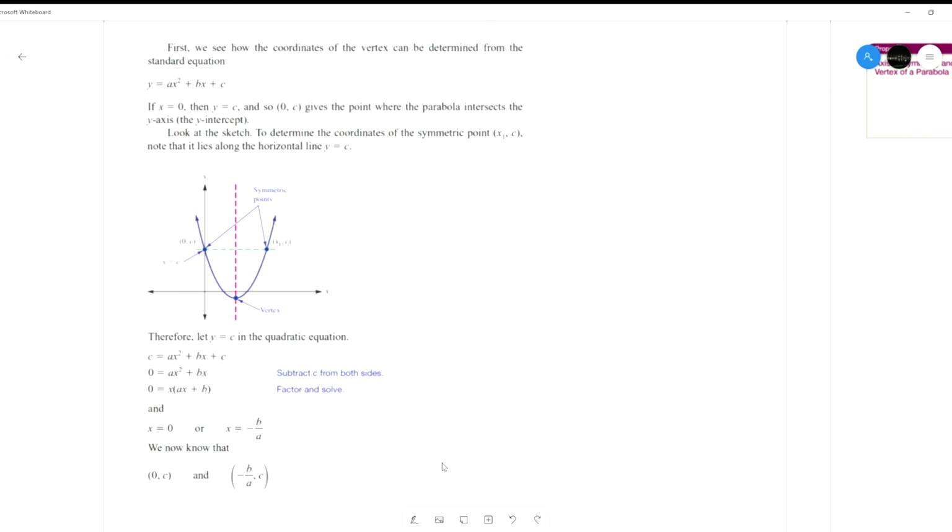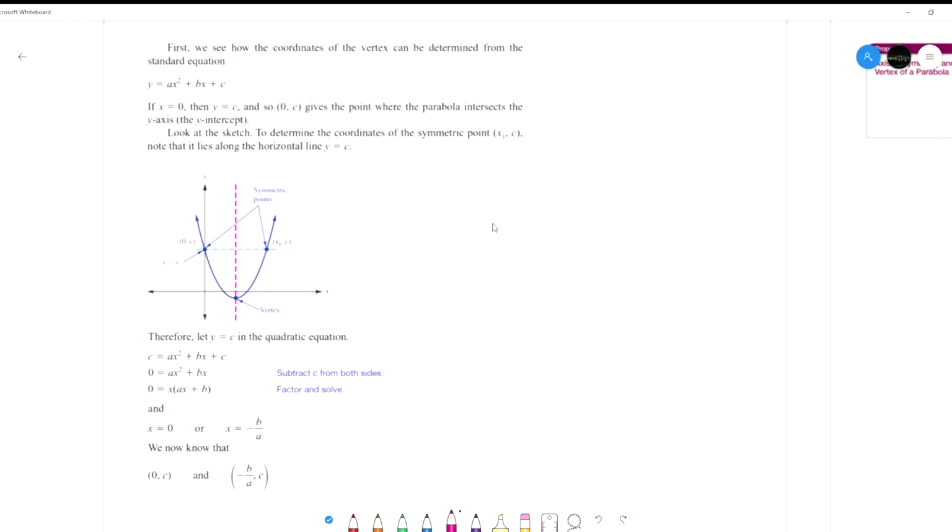Okay? Remember when we were graphing linear equations, two-variable linear equations, y equals mx plus b, when we substitute x is equal to 0, you do recall that gives us the y-intercept, right? So same thing here. Let me use a different color here.